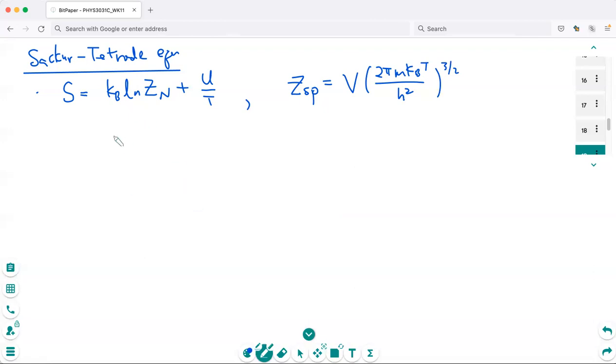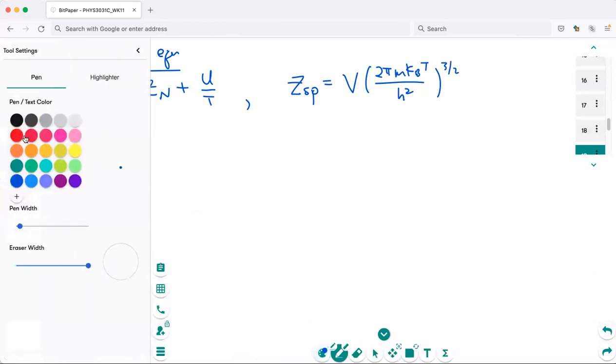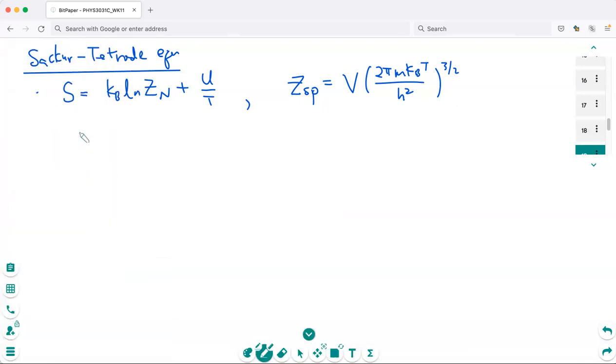So here is the result. I color coded it for you. So S, entropy. If you do it correctly, boom, you get this result. You get log V, 3/2 log T. You can begin to see why you get this.